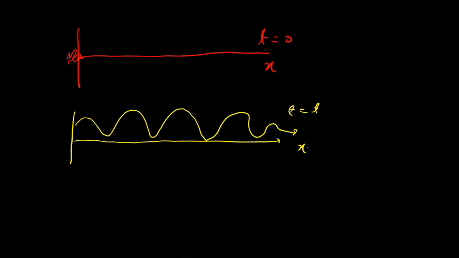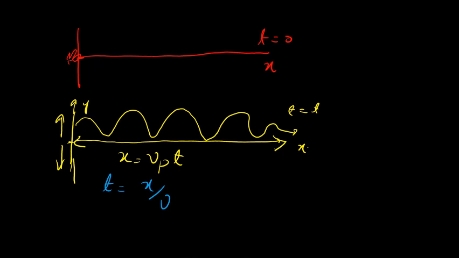So this one is the y-axis, and here we have the periodic motion about the mean position. During this time the distance covered by the wave is x equals vp into t, and the time taken by the wave to reach the point will be t equals x over vp.